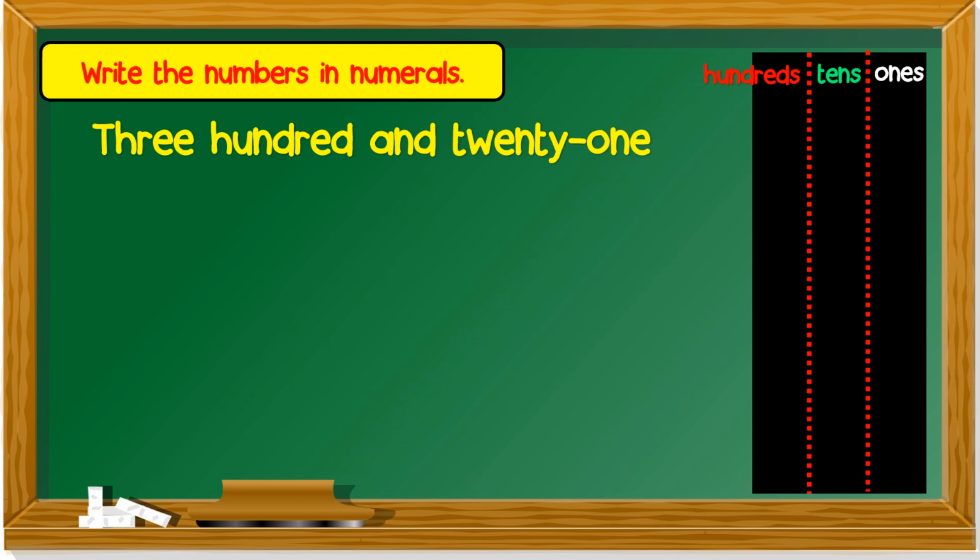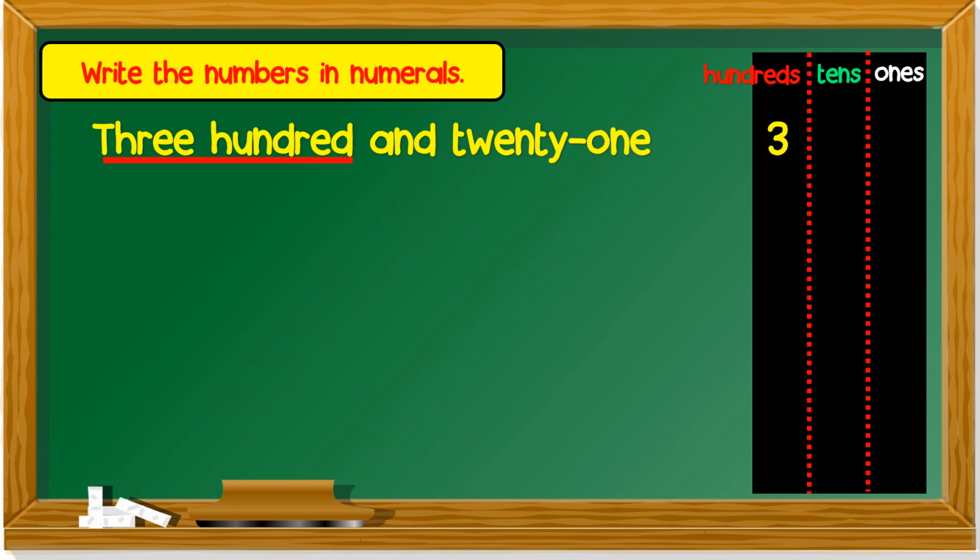Okay, next you go and see which one is hundred in the sentence. How many hundreds? 3. So you write number 3 in hundreds. Tens, any tens? You find the TY.